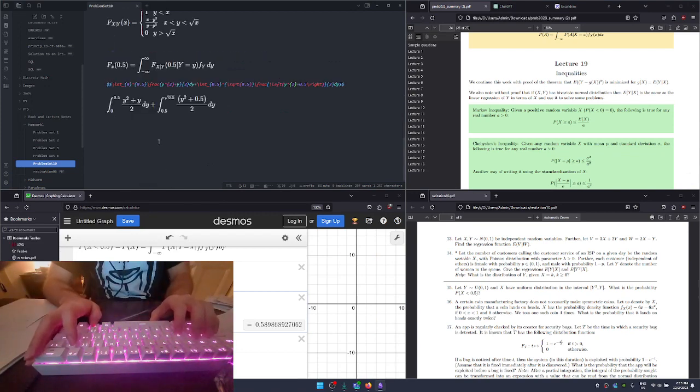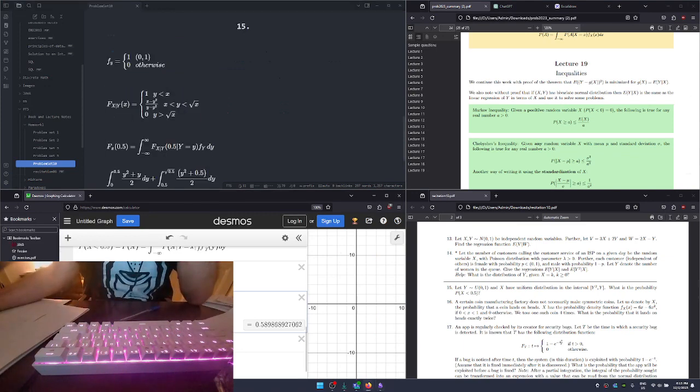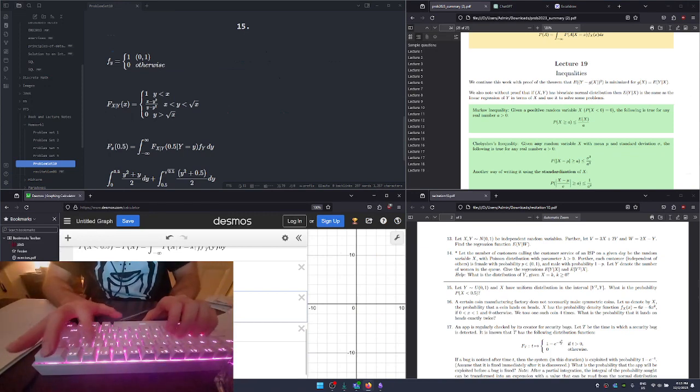So this is the case, right? What's the integral? Well, you have from 1 to x, which is from 0 to 0.5. You have 1, and it's just 1.